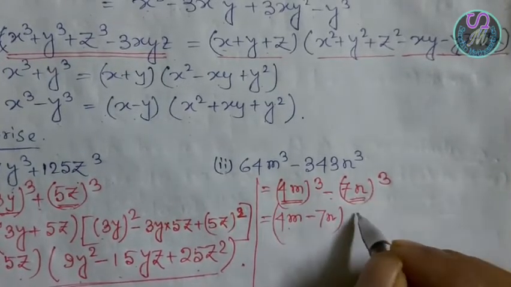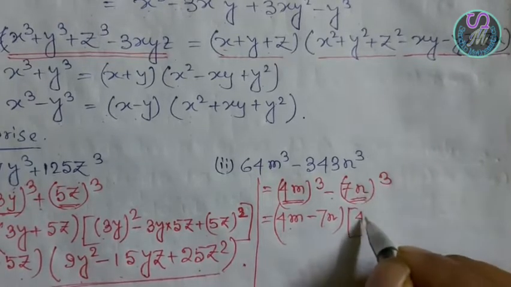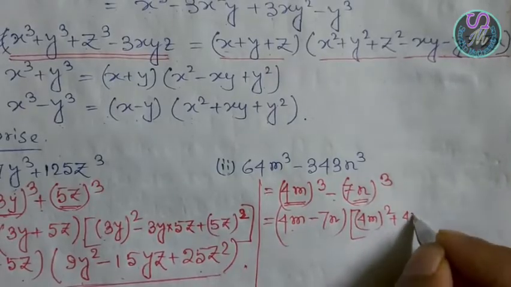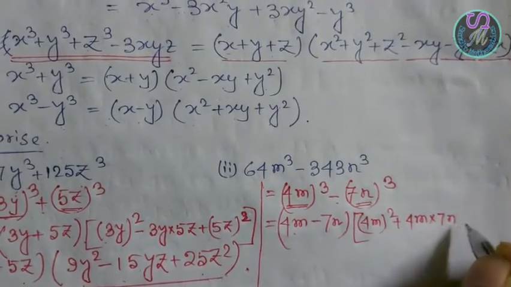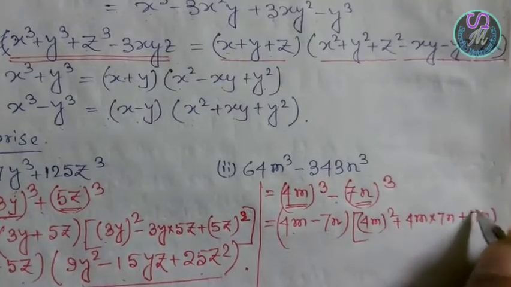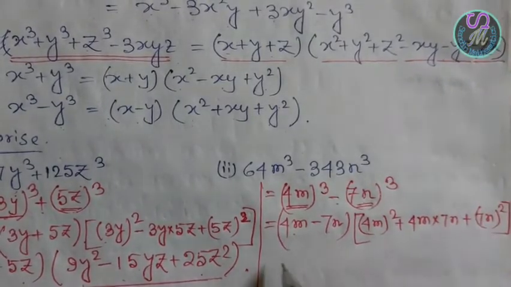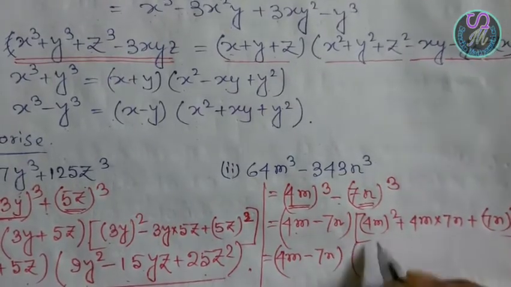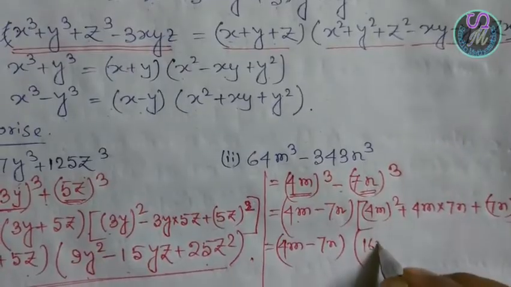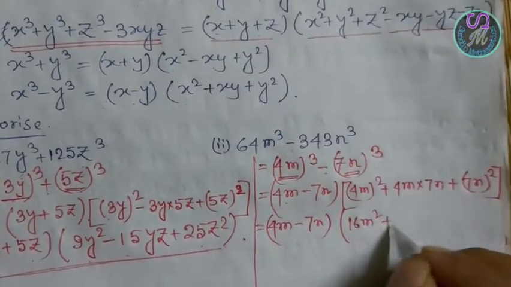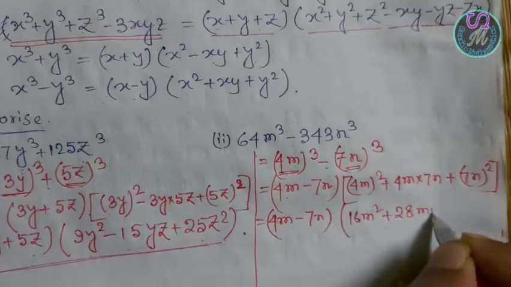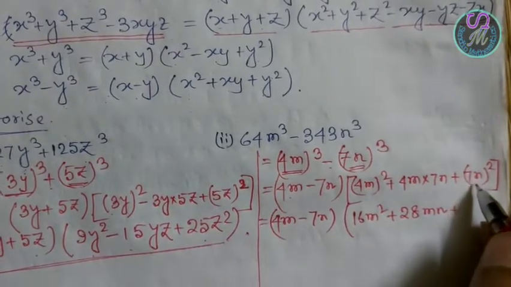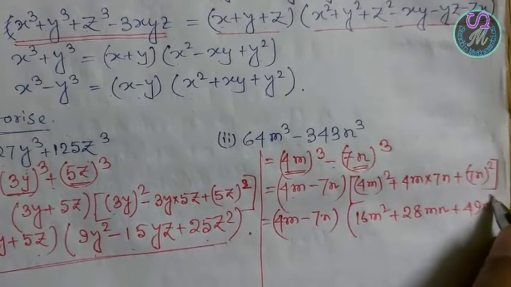X minus y into x square. X square means 4m whole square. Then plus xy, so plus 4m into 7n. Then plus y square, y square means 7n whole square. So this is 4m minus 7n into 4m square, which is 16m square, plus 4 into 7, 28mn, then 7n square means 49n square, 7 into 7, 49.